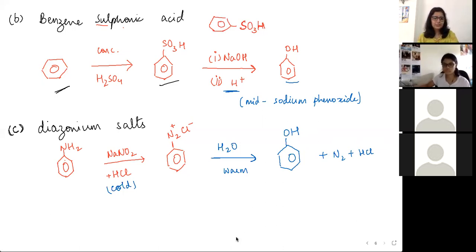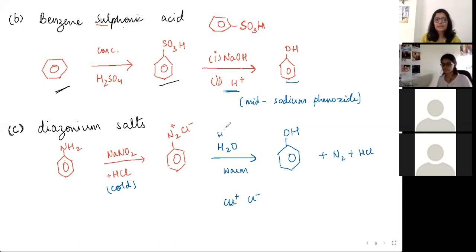I changed colors because till here is how you prepare diazonium salt. And from here, you're going in two directions. If you want a haloarene, you treat it with one thing. If you want a phenol, you treat it with a different thing. In haloarenes, you had Cu+ and Cl-, and that took the place of the whole azo group.